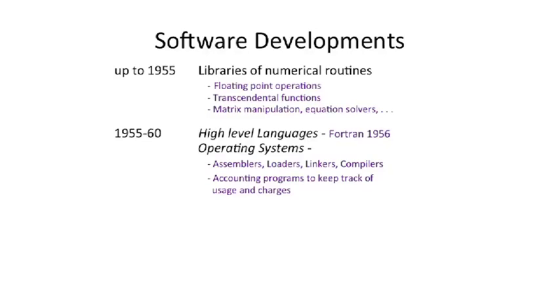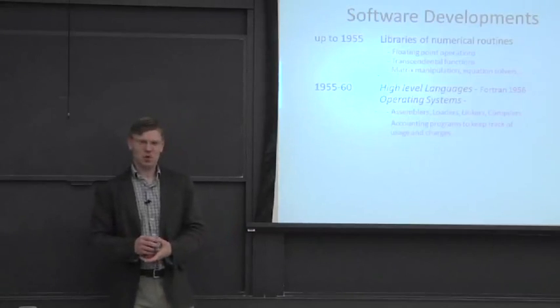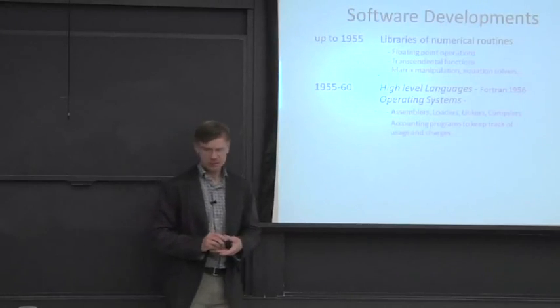And sometime in the mid-50s, we started to see libraries show up. So floating point operations were made easier. We had transcendentals, those are the sine, cosine libraries. You had some matrix and equation solvers. And you started to see some libraries that people could call, but people were not necessarily writing large bodies of code in assembly programming because it was pretty painful.